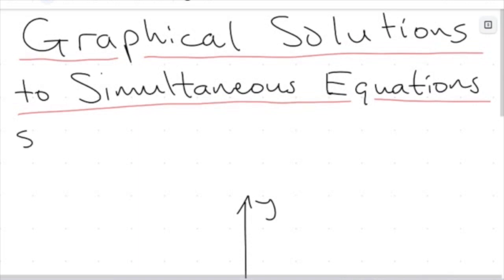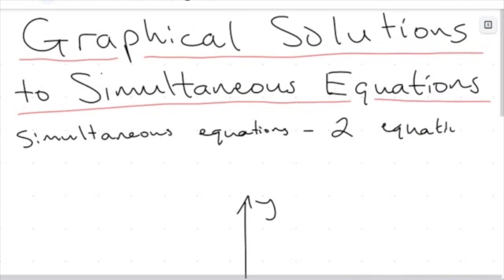So, simultaneous equations is just two equations at the same time. The idea of something happening simultaneously is two things happening together at the same time.